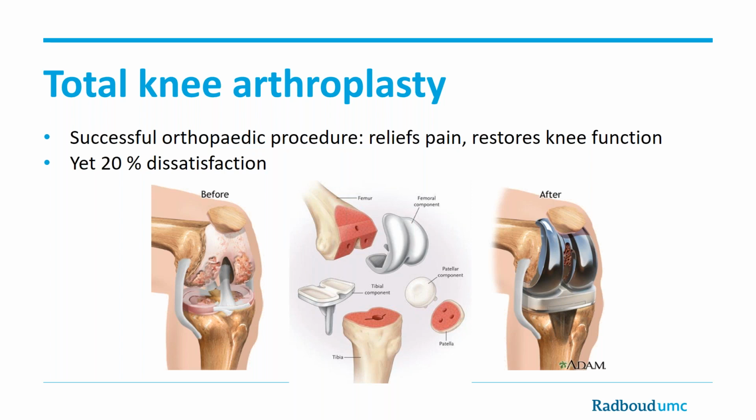And the reasons can be very diverse, but they also include implant-related factors such as alignment, and also surgical technique and the actual experience of the surgeon who performed this operation.